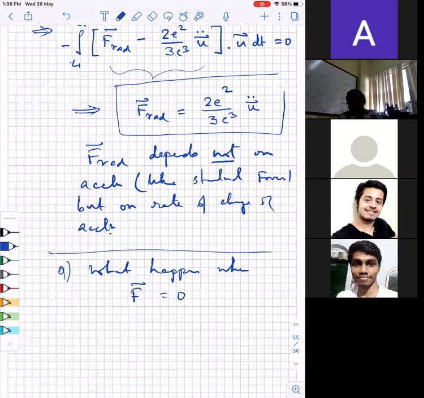Next day we will talk a little more on this radiative reaction, and then depending on how much enthusiasm I have, we'll see how much we'll do on radiative reaction. We can do a lot on it actually, but I will see how much we can. So that's for today, and we can start on Friday.